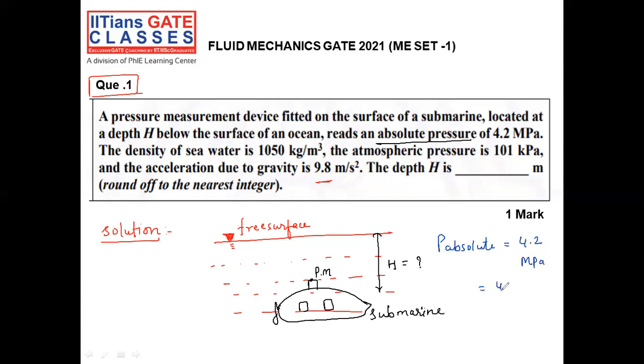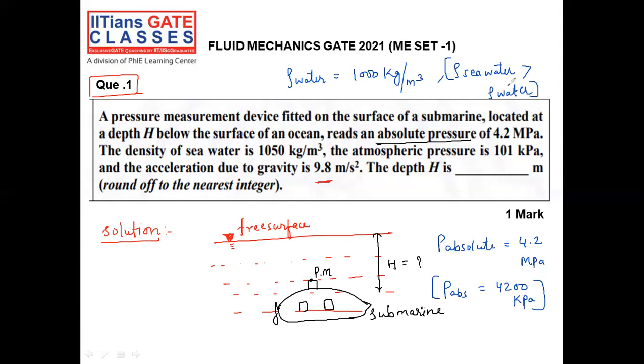I can also write 4200 kilopascal. These are the given data in the question paper, and you need to remember that the density of water is 1000 kilogram per meter cube, but the density of seawater will be more than the density of normal water. That is why it has a value of 1050 kilogram per meter cube.